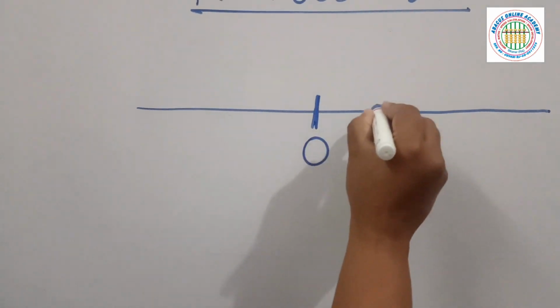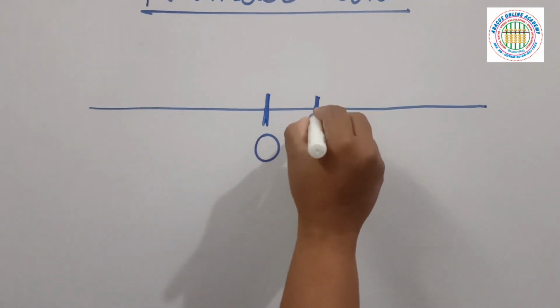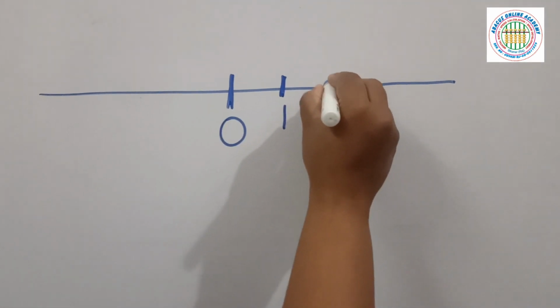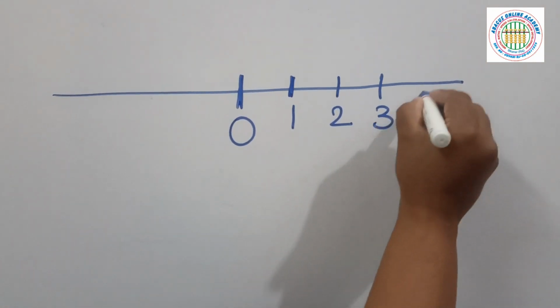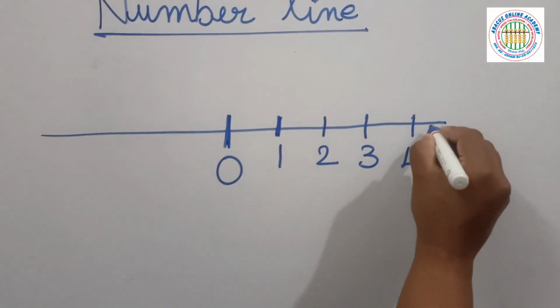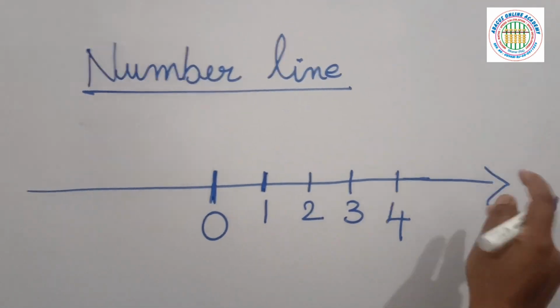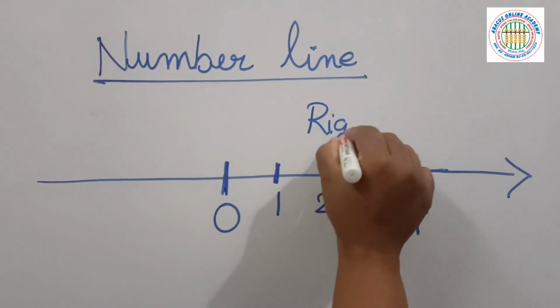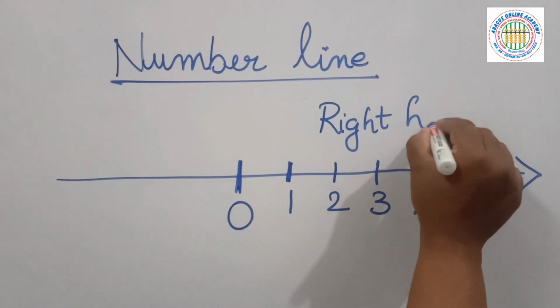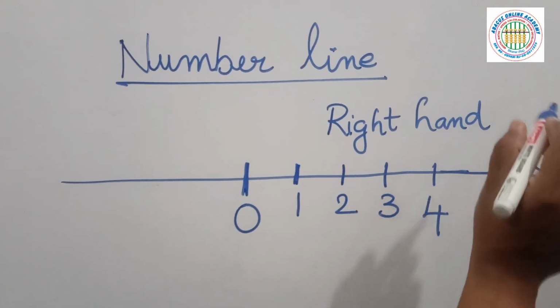Towards your right you have positive numbers that begin with 1, then 2, then 3, then 4, and it keeps on going. Just mark an arrow. This is your right hand side, and these are all positive numbers.